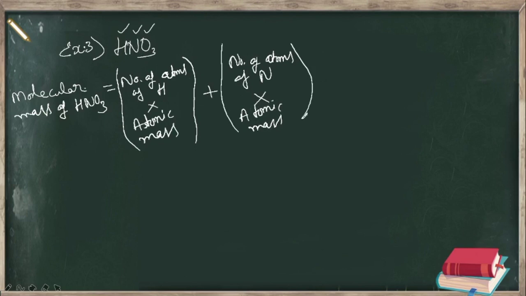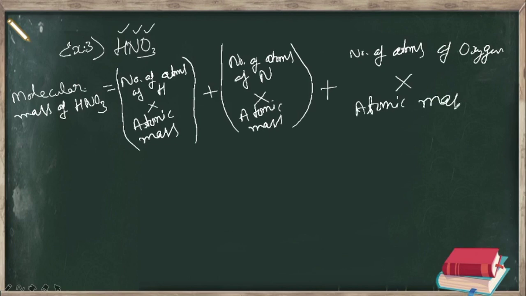Okay, then addition of oxygen. So number of atoms of oxygen into atomic mass of oxygen, right? So now we have the formula here.